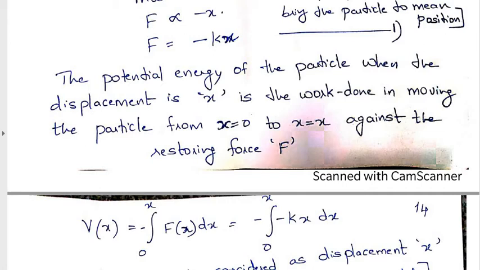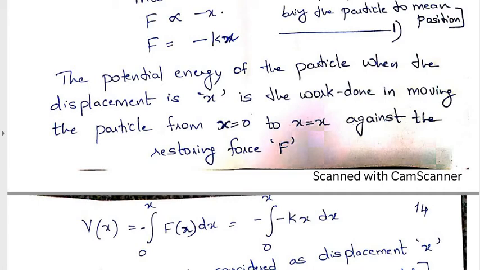Now here the limits of integration: the body has to be moved from x equal to 0 to x equal to x. So the lower limit is 0, the upper limit is x. Now substituting for F from equation 1, we have V of x, the potential energy, equal to the integration of minus kx dx between the limits 0 and x.